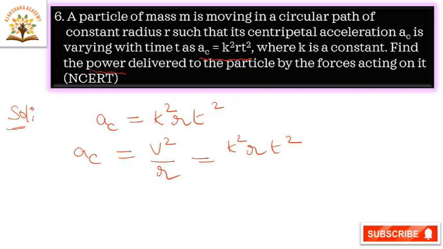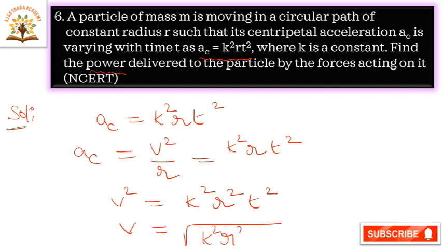So now V square is equals to k square r into r, now r square into t square.